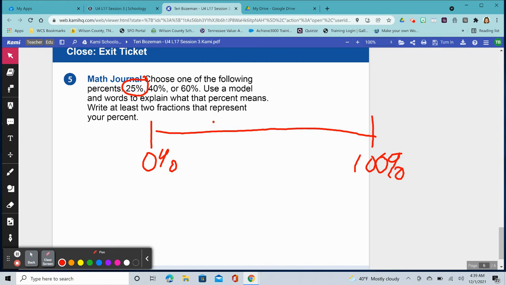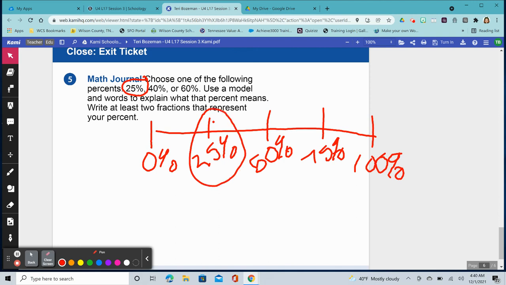So we have 25%, 50%, and then 75%. Now, that's my model, right? 0% to 100% is represented on this line, and 25% is right here.